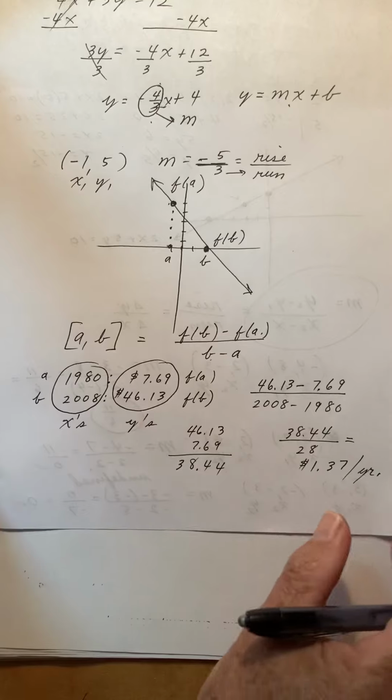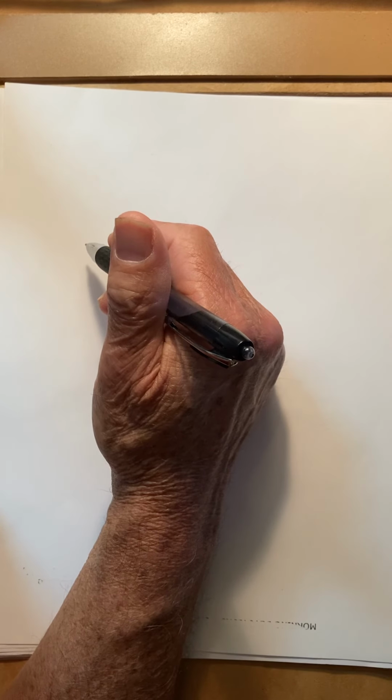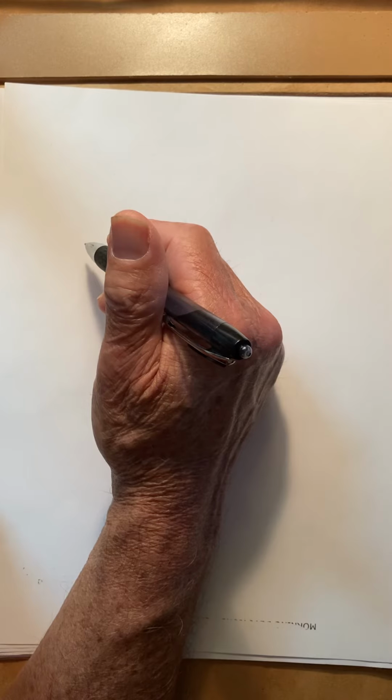All right, the very last thing in this section has to do with what we call mathematical modeling, where we can use various types of functions in actual real situations.